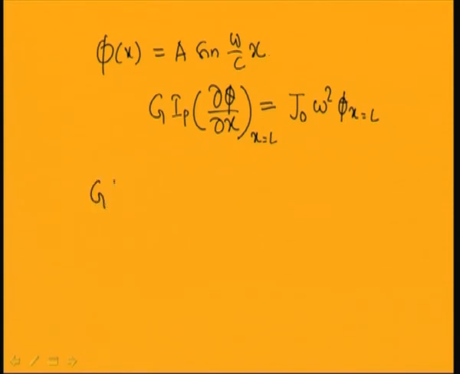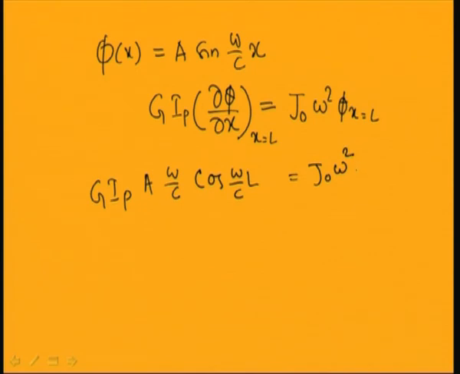So I can write G Ip A omega by c cos omega by c x, and for x equal to L I can substitute x equal to L. This will be equal to J0 omega square.